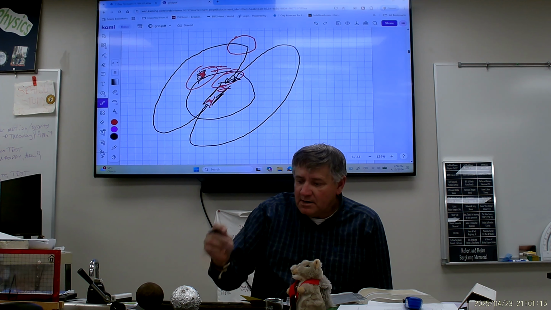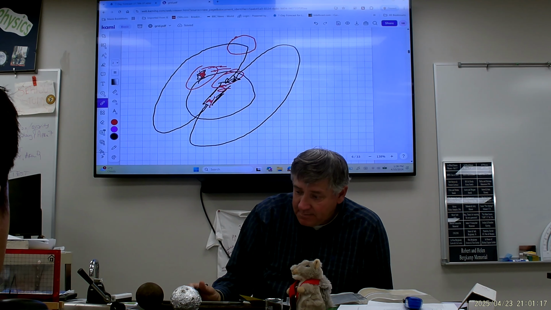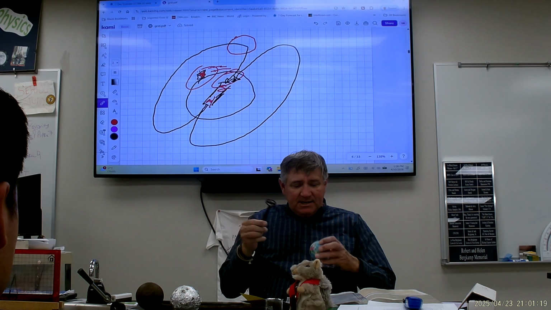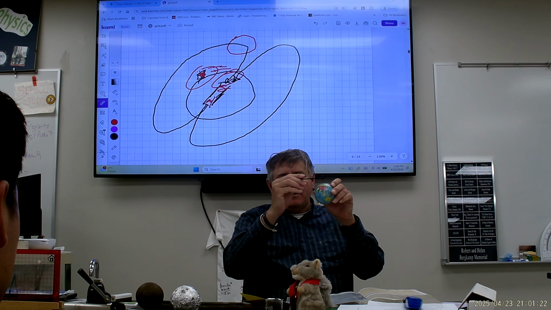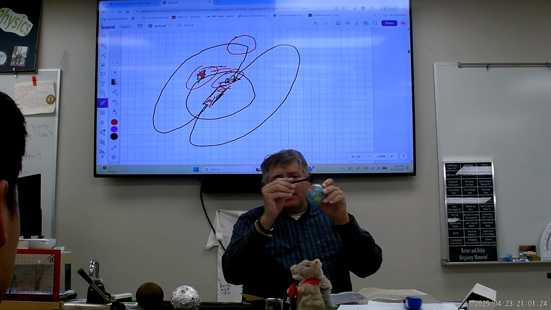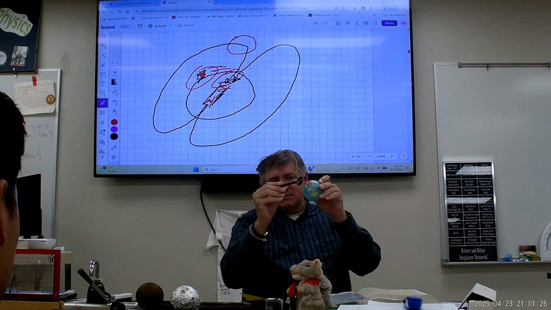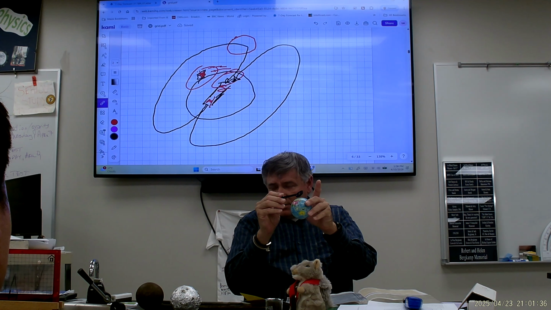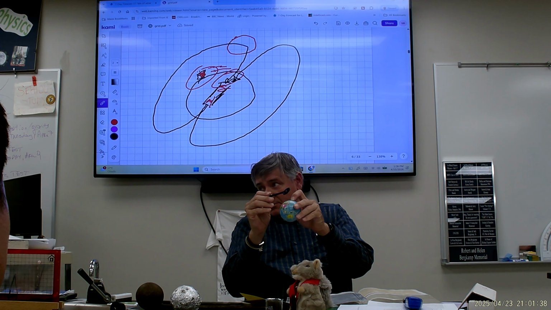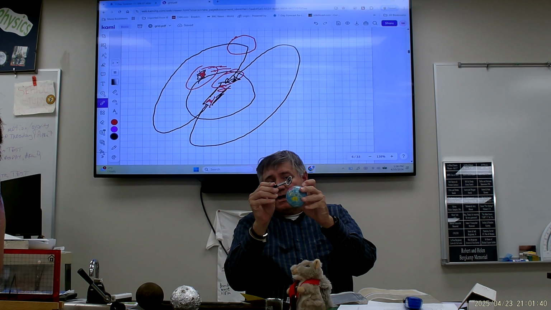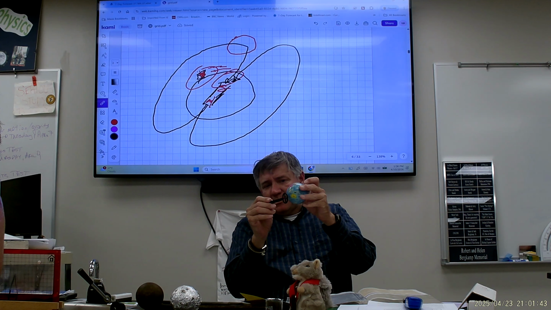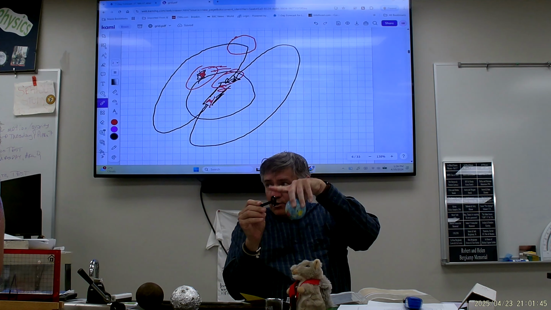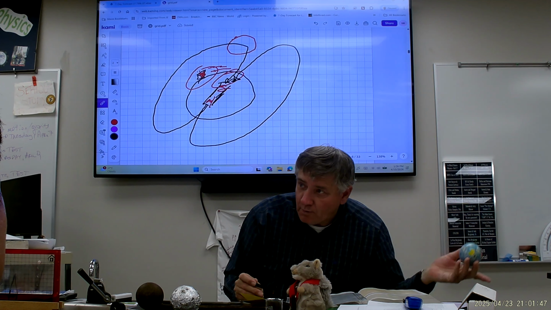So no matter where I am, and this is why this magnet, as I go around, so here I am at the North Pole. So as that goes around like this, even when I get to the equator, that red end is pointing towards the North Pole, which is really the South Pole of the magnet inside of it. So even if I'm in the southern hemisphere, like this, that north end is still pointing north.